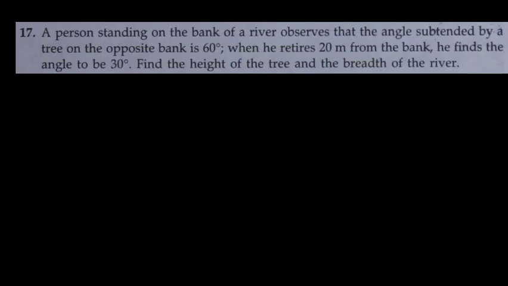A person standing on the bank of a river observes that the angle subtended by the tree on the opposite bank is 60 degree, and when he retires 20 meters. So suppose here we have a tree. Now the height of the tree is not given, AB is not given, and say this BC is the width of the river.